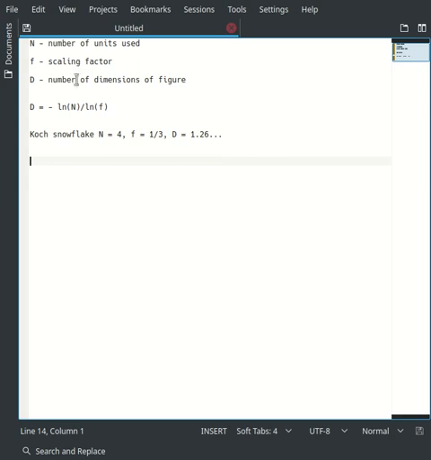Now, what is happening here? So here I just used natural logarithms. It doesn't matter if these are just numbers, right? If these are literally just the scalar number and the scalar scaling factor, this will be a scalar number of dimensions.